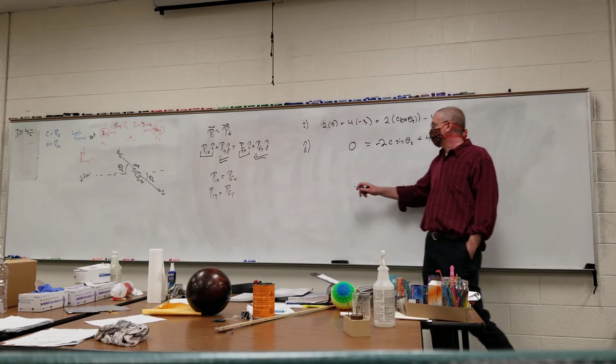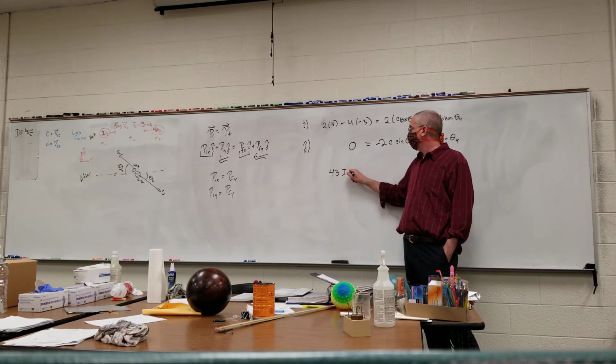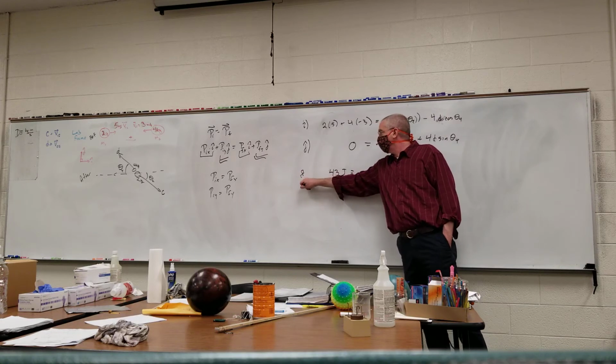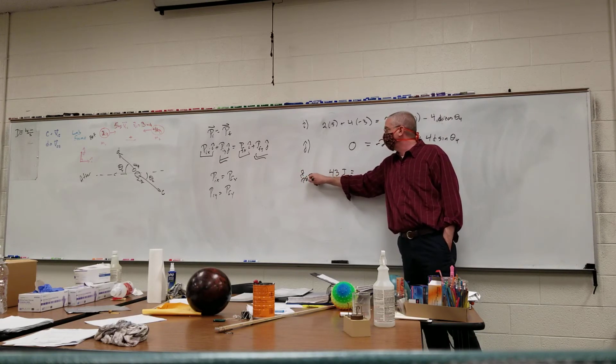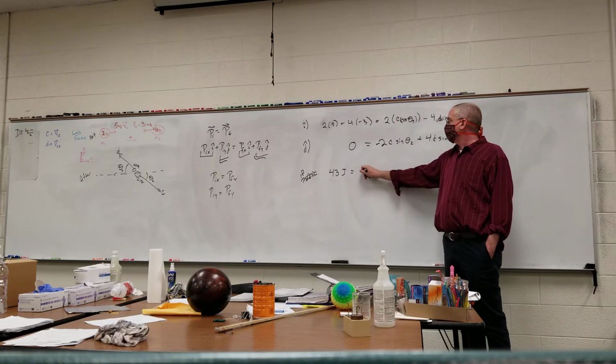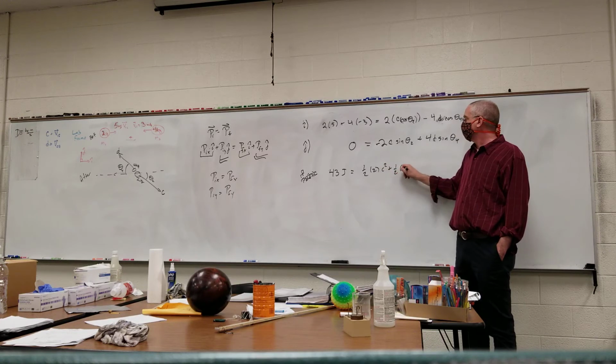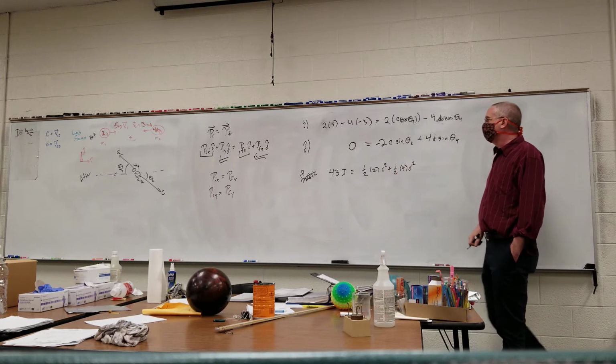If it's a perfectly elastic two-dimensional collision, then we still have 43 joules is equal to 1/2 times 2 times c squared plus 1/2 times 4 times d squared.